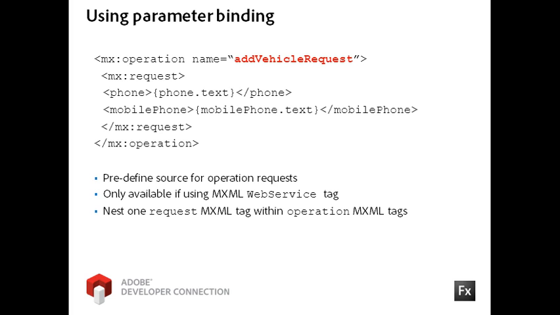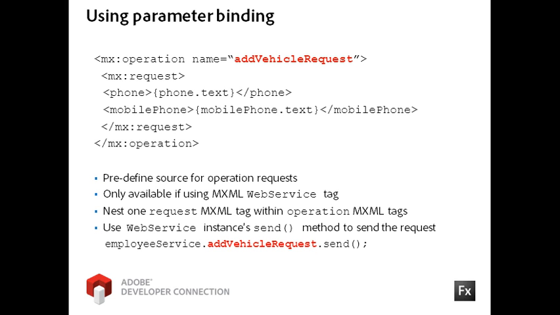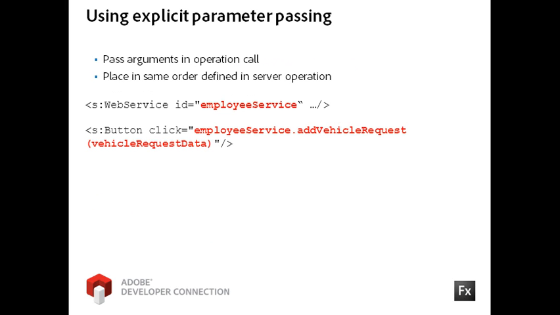You nest a request MXML tag within the operation MXML tags of the web service tag block. To call an operation and pass the defined values, use the web service class's send method. When using explicit parameters, you add the arguments to the operation call in the same order that they are defined in the server operation. This is the way that I will send the data to the server for the company vehicle request form.